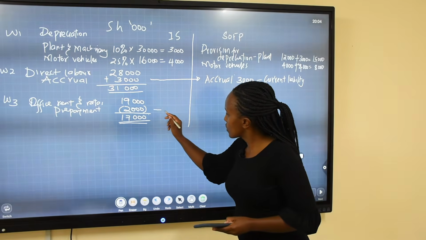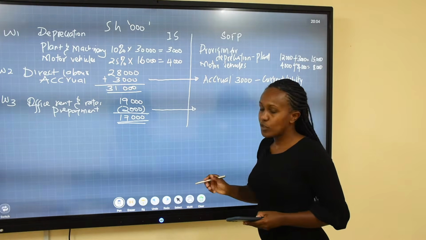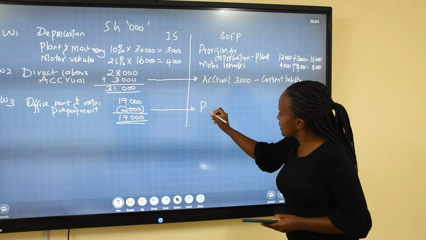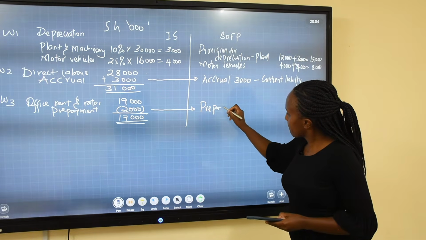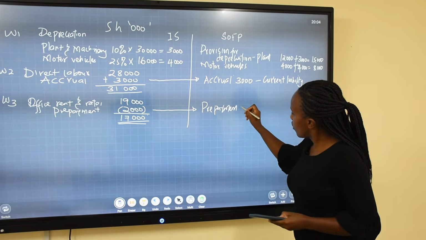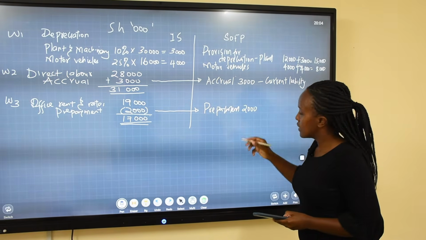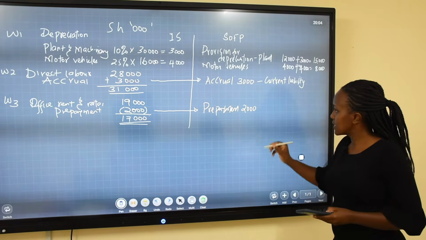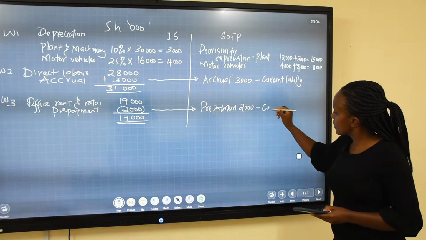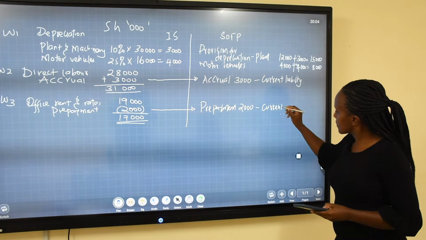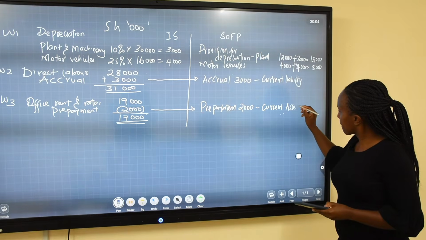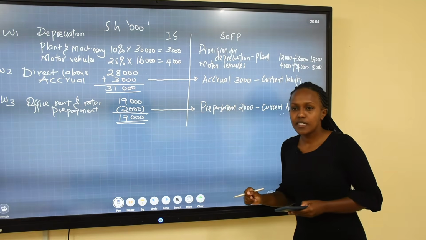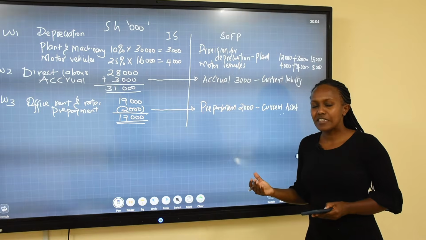Then this amount here, which is prepayment of shillings 2,000, it is going to be an asset. It is going to be a current asset. This is because it is our amount of money we have paid in advance.